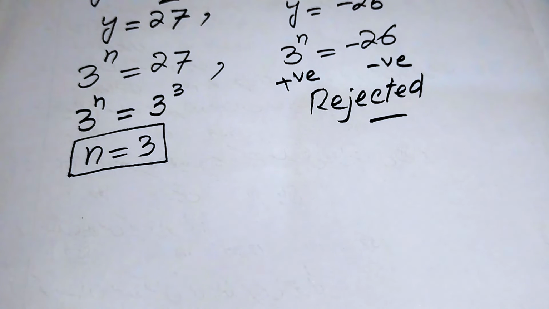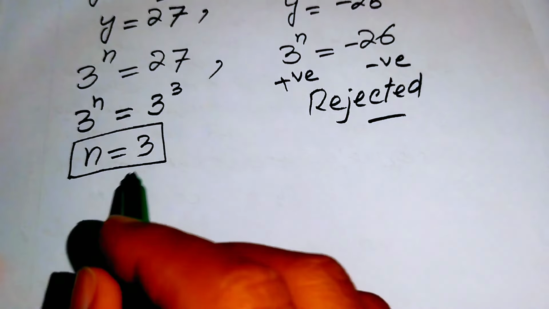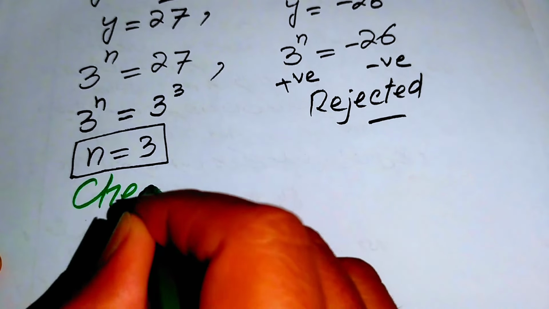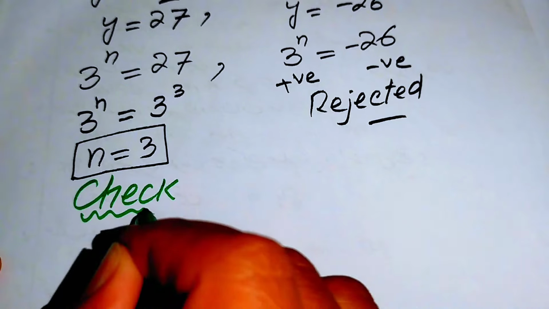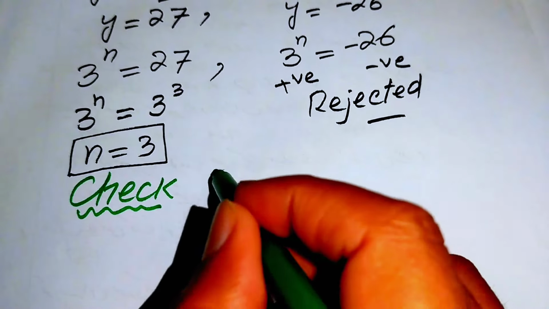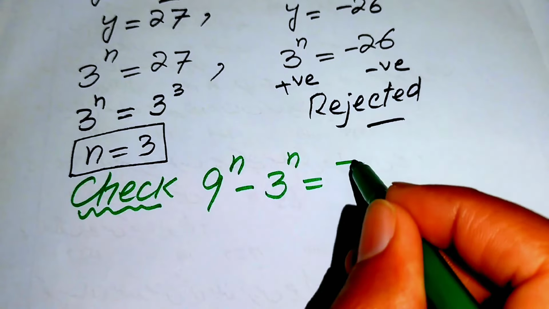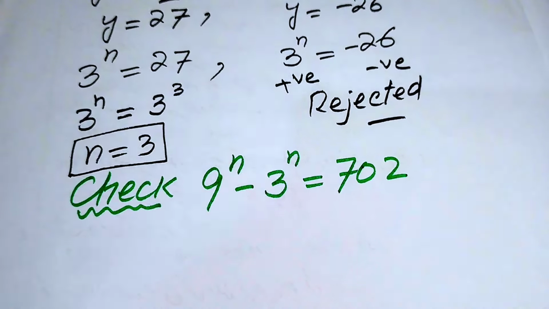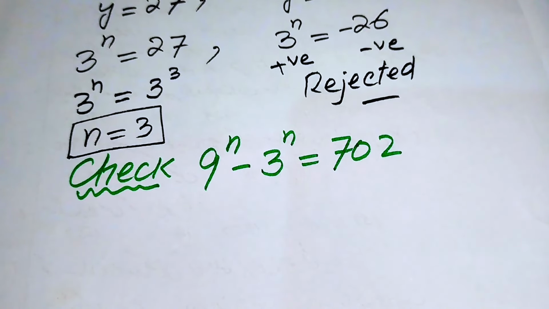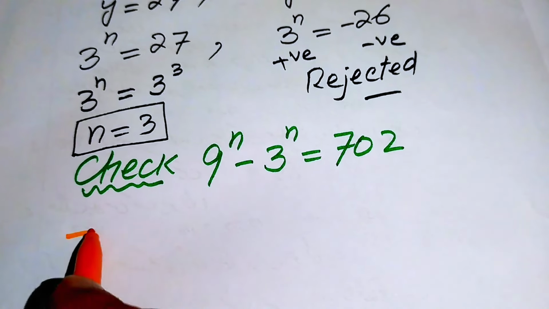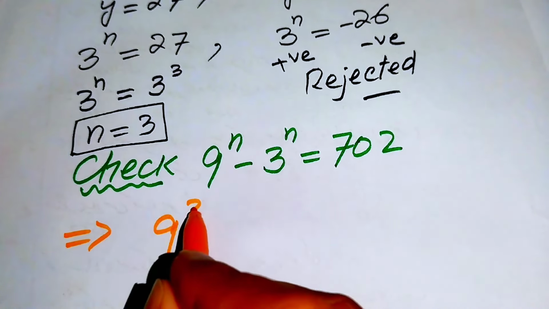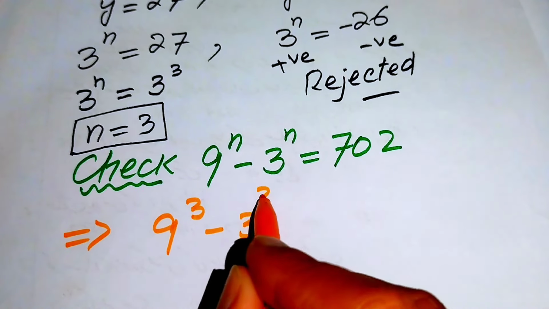Now we check whether this solution satisfies the given question statement. We first copy down the given question statement: 9 to the power of n minus 3 to the power of n equals 702. Now we substitute the value of n in the left hand side, and we get 9 cubed minus 3 cubed.